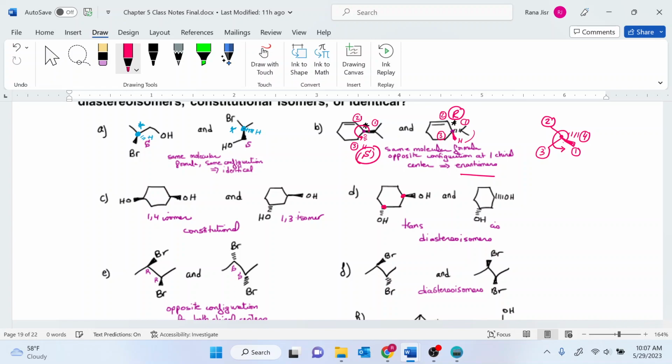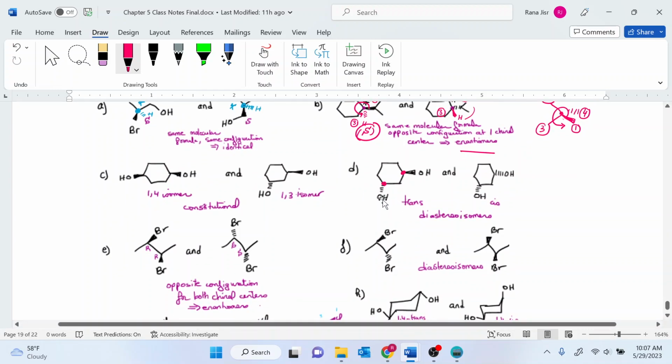For this one over here, if you have a cycle and you have components on the cycle, the first thing you check is the orientation of these substituents with respect to each other. So if you have a trans and you're comparing it to trans, then there's a possibility for enantiomers.